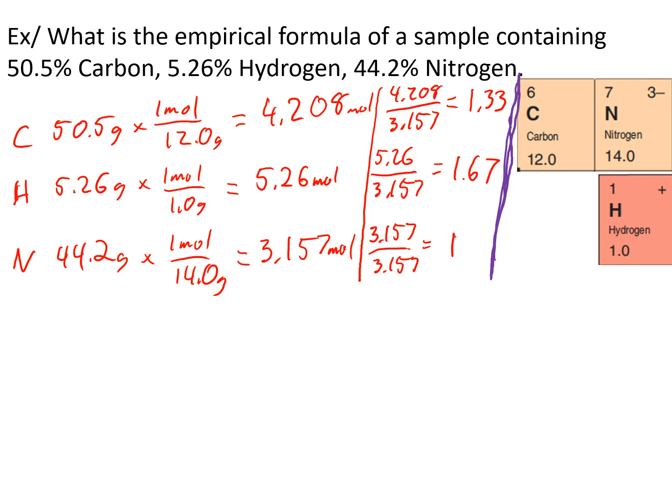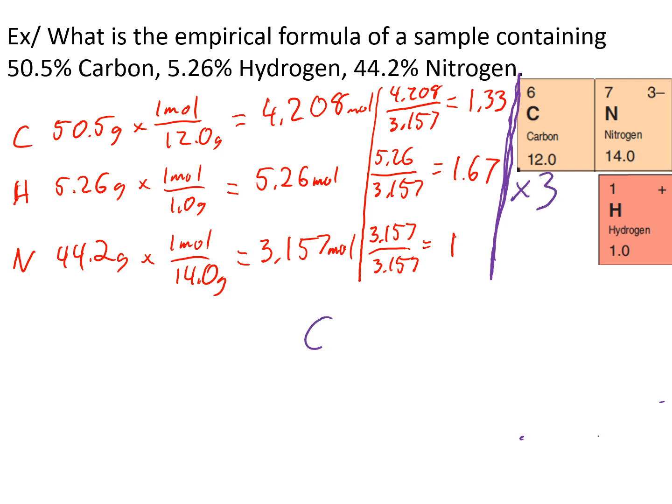If you see something ending with a 3.3 or a 6.6 or a 6.7, somewhere right there, 0.33 is the same as a third. 0.66 is the same as 2/3. And so to get to a whole number you're going to have to be multiplying it by a 3. So I'm going to do that right here. I have to multiply this by a 3.